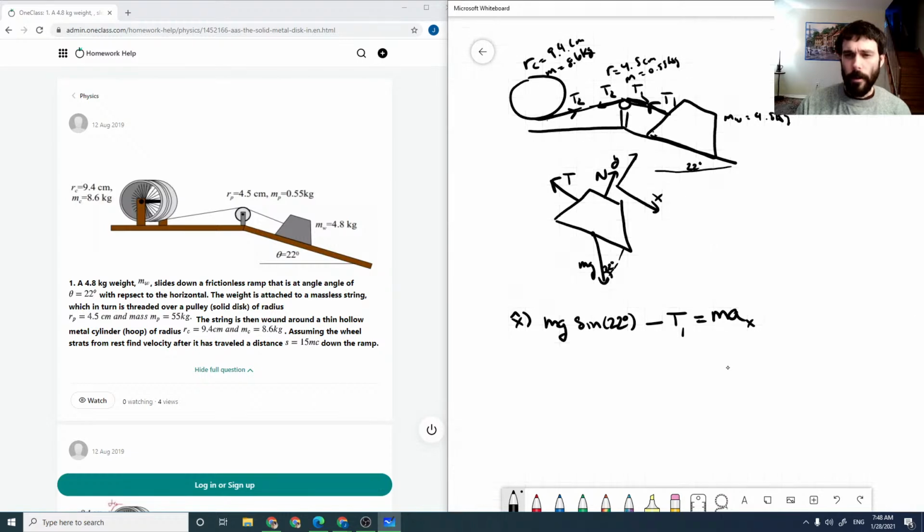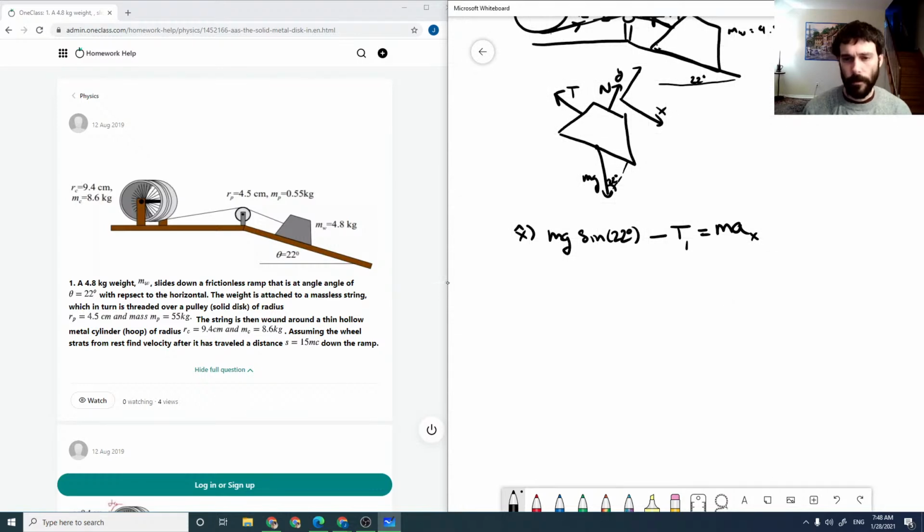Okay, so now looking at the pulley, our pulley has a T1 and a T2. First of all, we've got some torques. So first of all, our moment of inertia for a disk is 1/2 its mass times its radius squared.